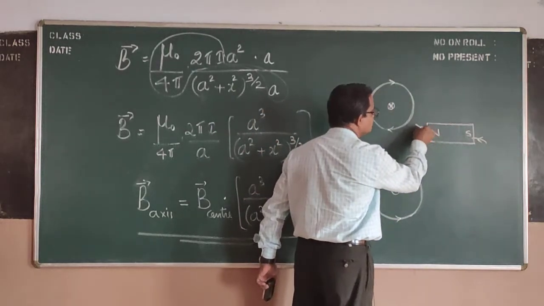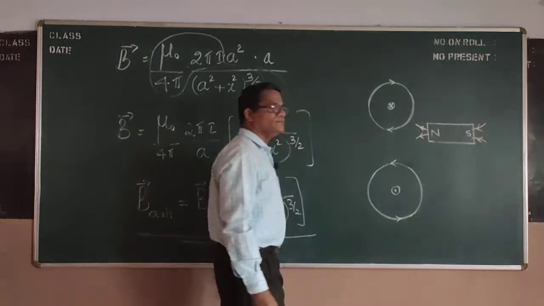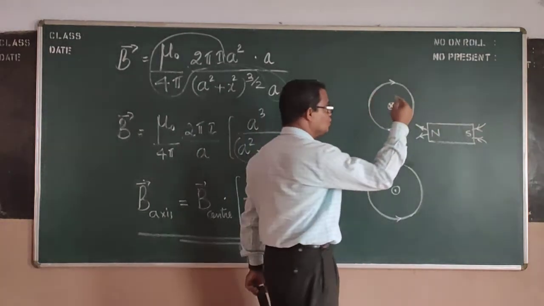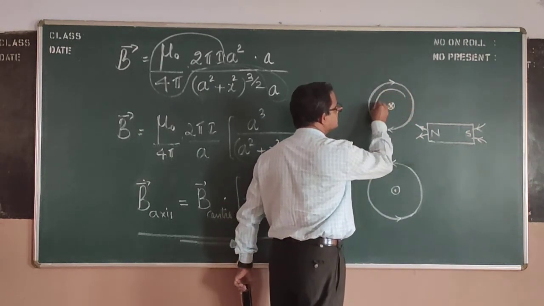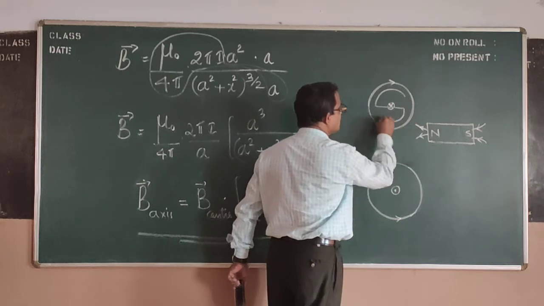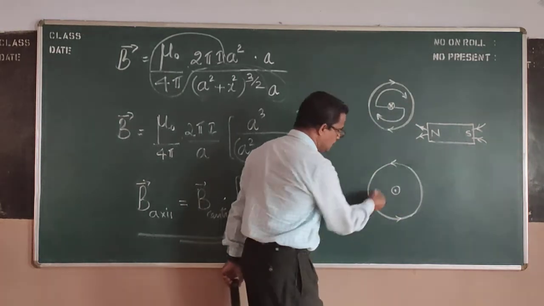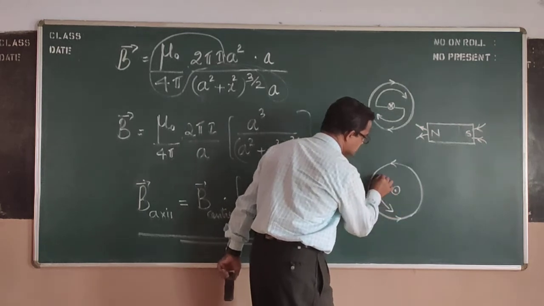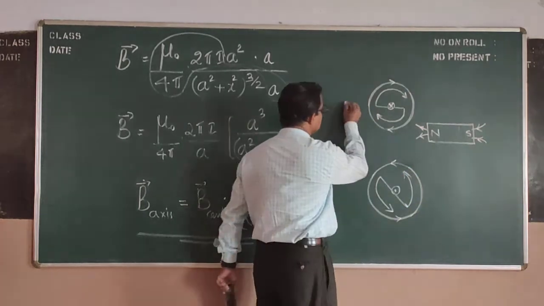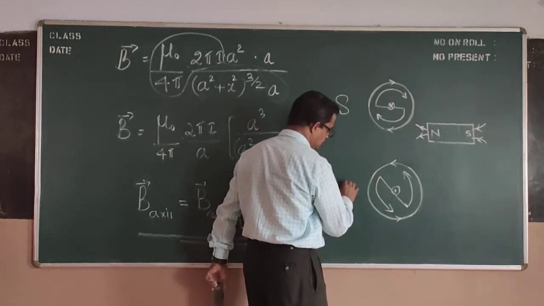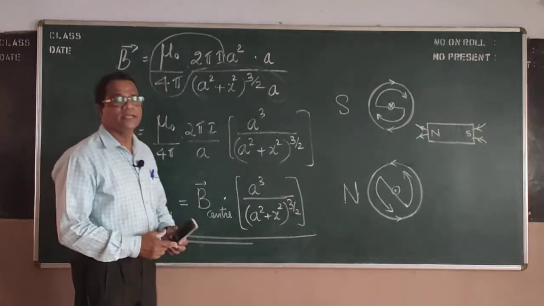So going into, that means that this acts as what? The south pole, and coming out, this will be acting as the north pole. So this will be the south pole and this will be the north pole of the circular loop carrying current.